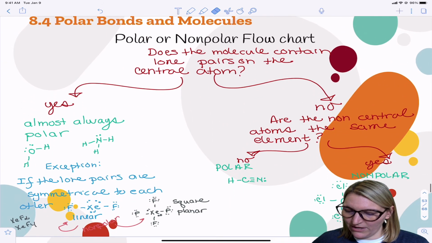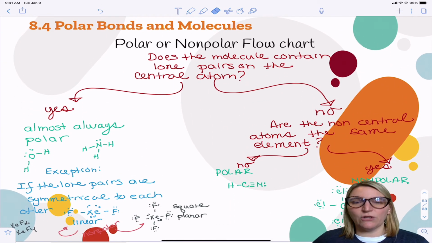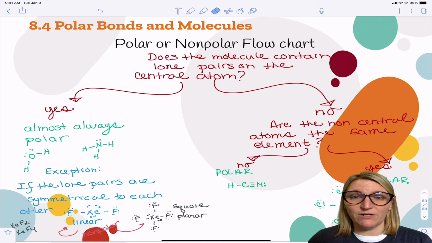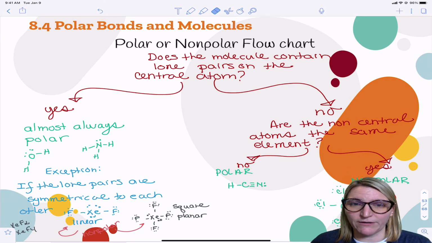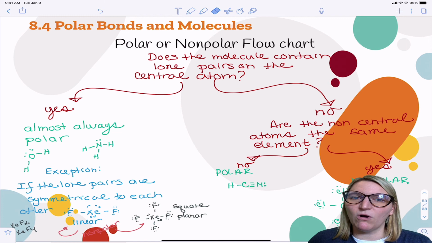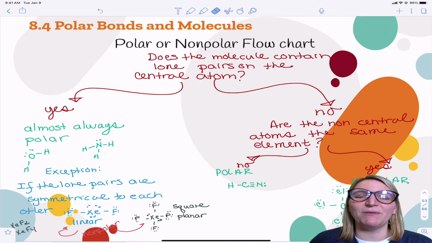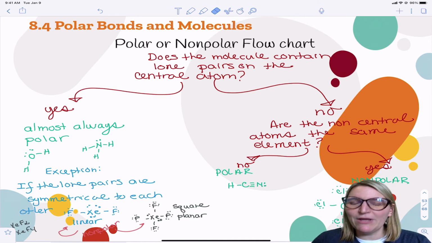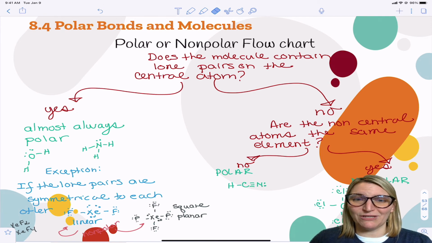So then how can we tell? You might want to pause the video for a second and copy down this flow chart. Or let me explain it and then copy it down. This is a flow chart, which means these are the questions that you ask yourself when you are asking, is this molecule polar or nonpolar?